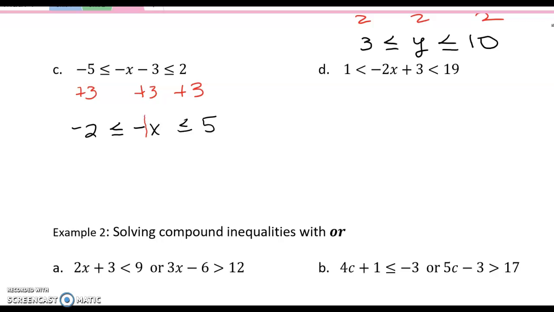Again, I'm going to stick that 1 in there between the negative and the x, so now I see negative 1 times x. So that will help me better figure out what I need to do to get x by itself. And because that negative 1 is being multiplied to x, to get rid of it, we need to divide by negative 1. So I'm going to divide all three parts by negative 1.